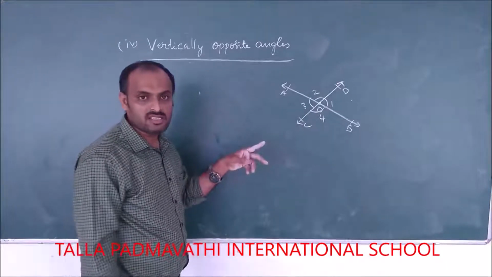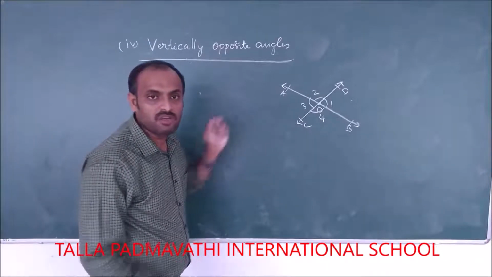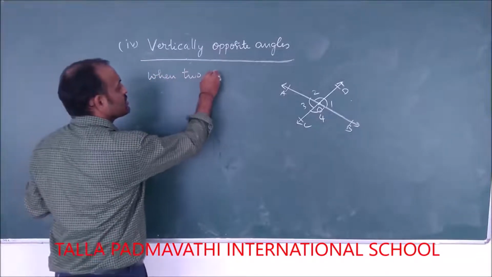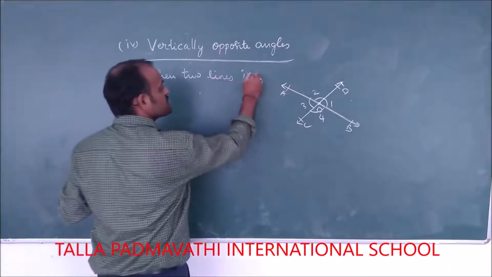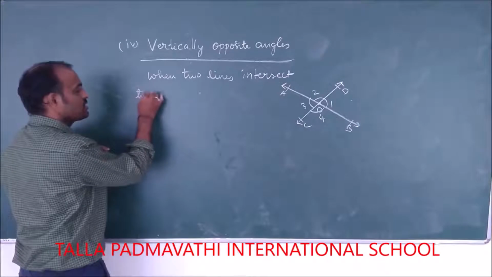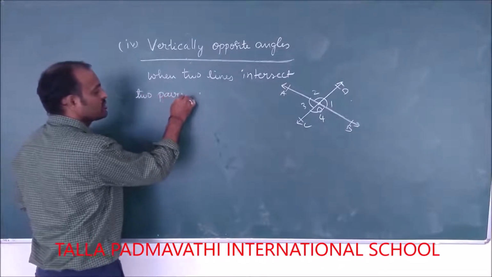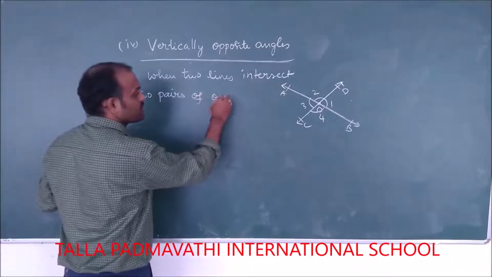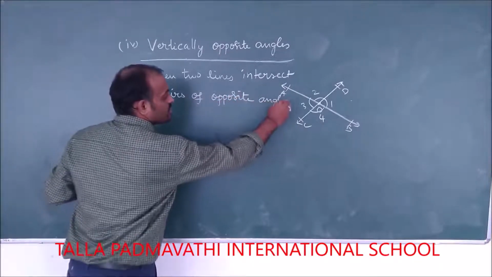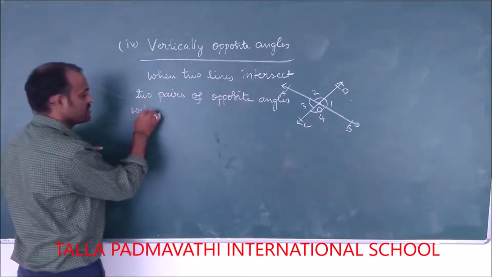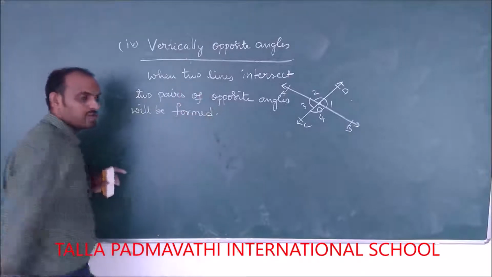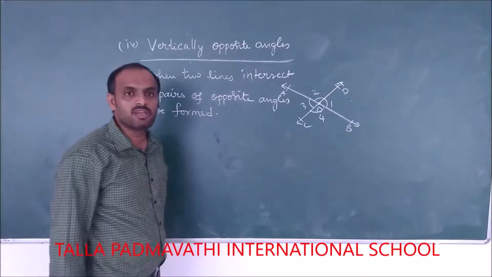So when two lines intersect, two pairs of opposite angles will be formed.